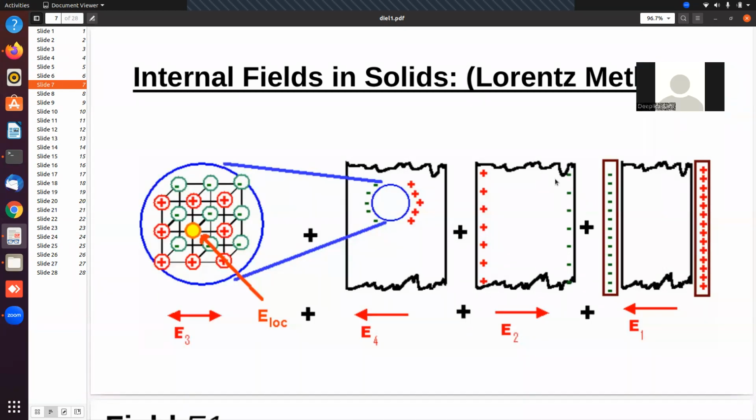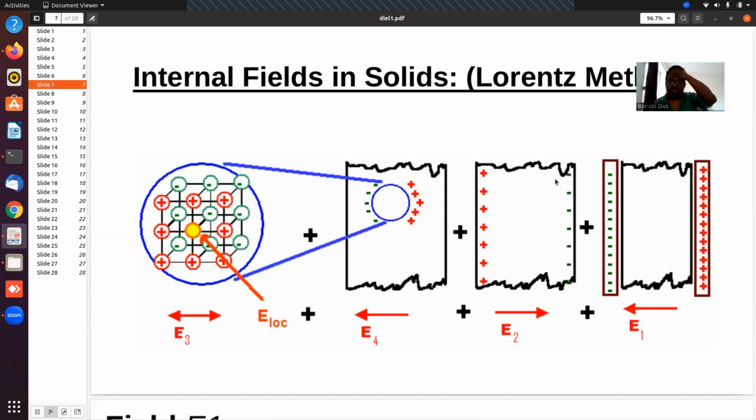Okay, and the same description is used even today. Just like I saw a paper where there is an interface, and we don't know what the local dielectric constant is.